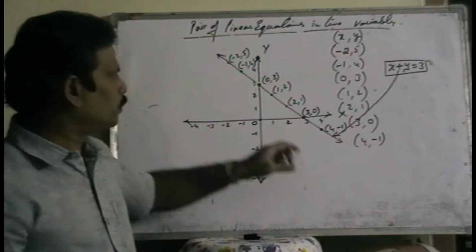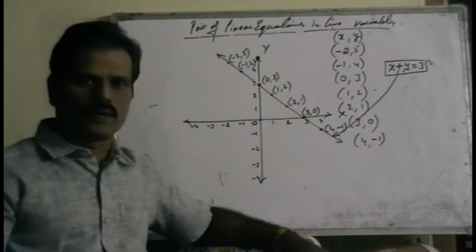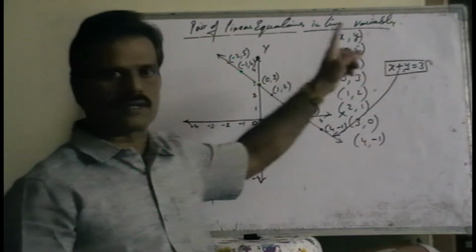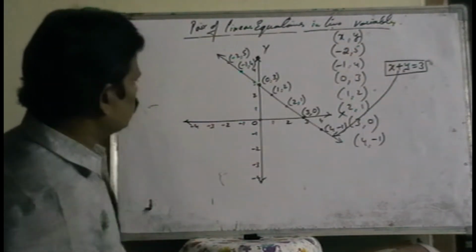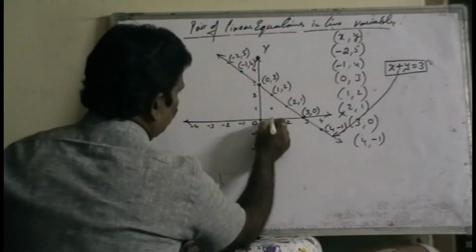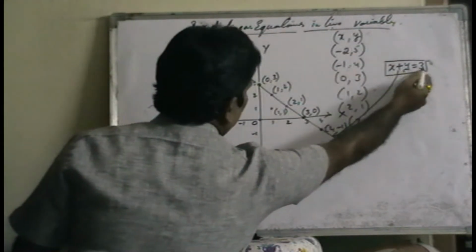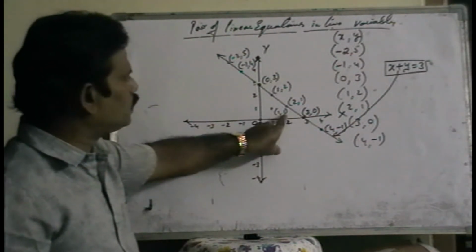How it is formed: it depends on the pair of points, right? Every point on that line satisfies one condition. Suppose we take one point here, 1 comma 1. It does not satisfy that condition: x plus y is not equal to 3, because 1 plus 1 is equal to 2.